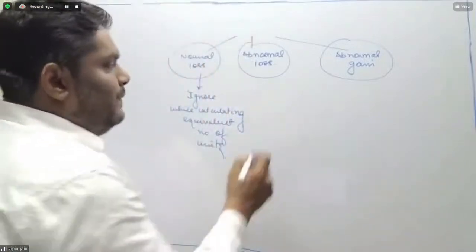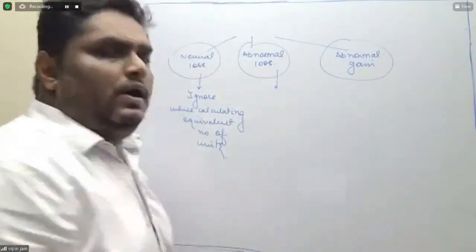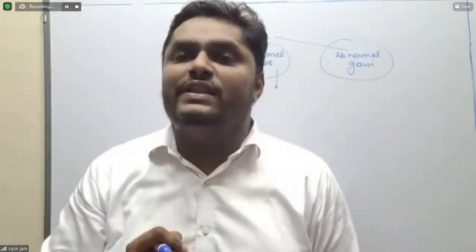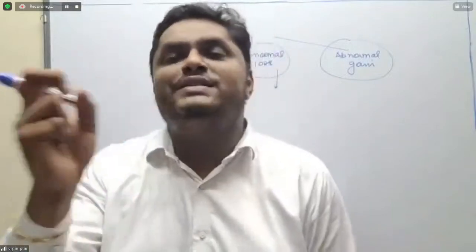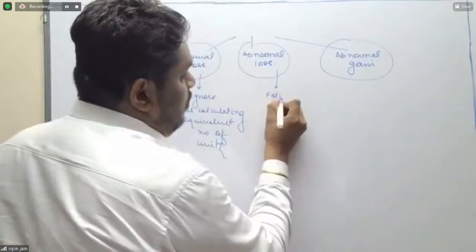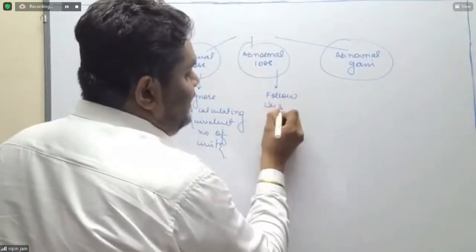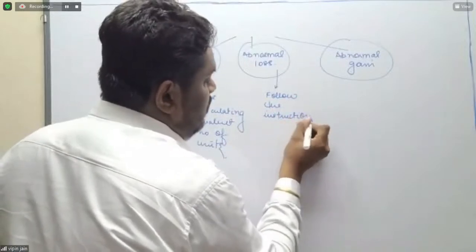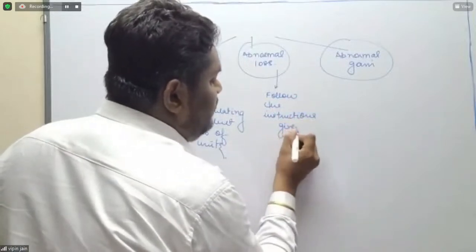As far as abnormal loss is concerned, if abnormal loss is given, we have to follow the instructions as given in the question, that how much the units are processed in case of abnormal loss.